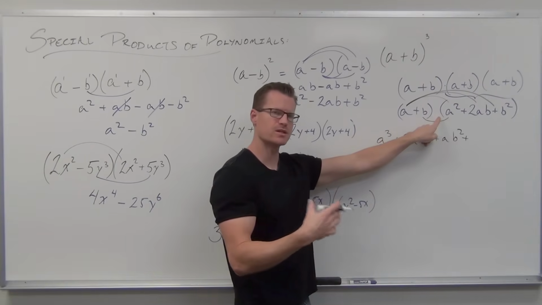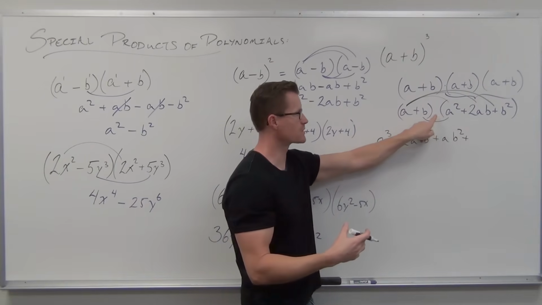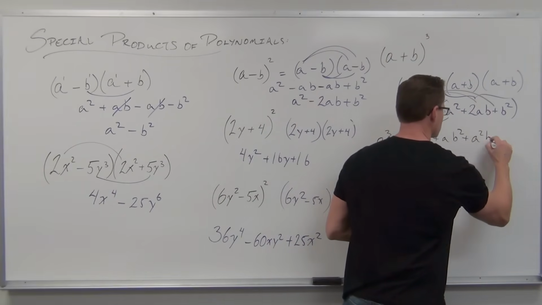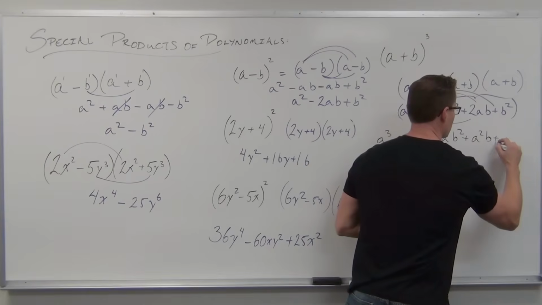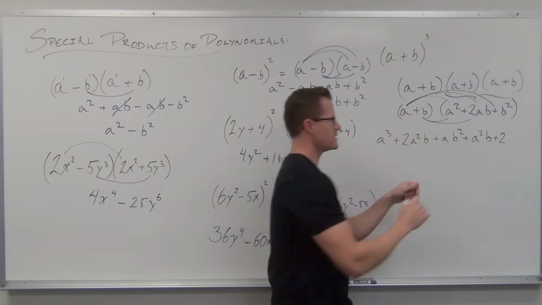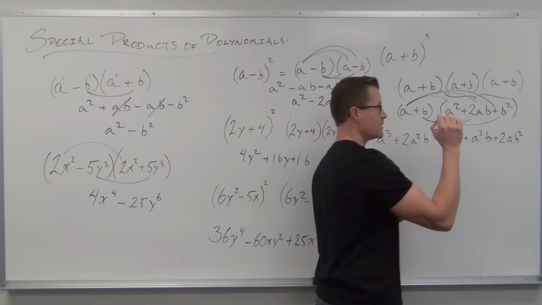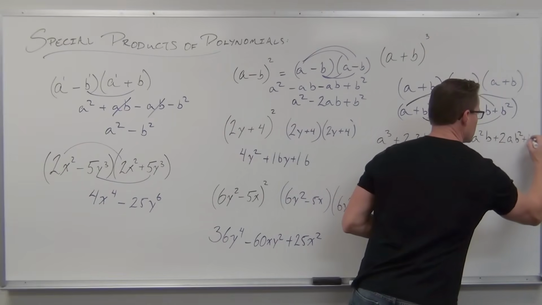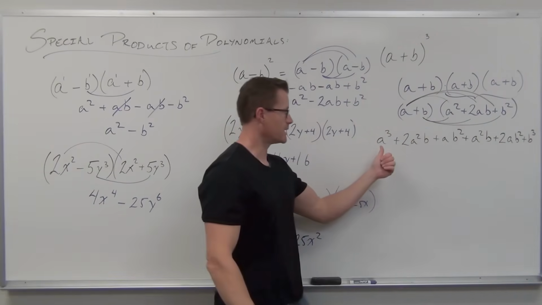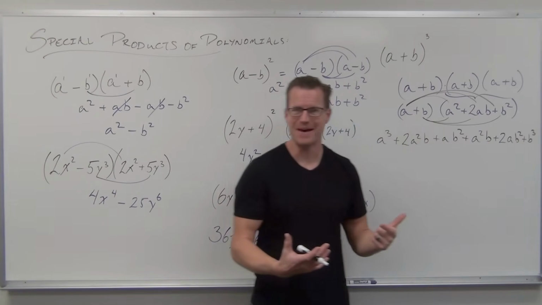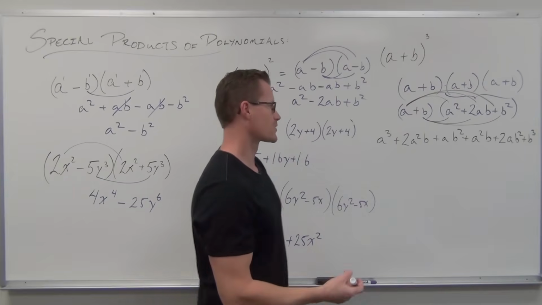So that allows me to see like terms a little bit easier. So instead of BA squared, I'm going to write A squared B. Plus 2AB squared, and then a B to the third. So we do actually get an A cubed and a B cubed, but look at all the stuff we'd be missing if we just did that. I mean, that's silly. Now we'll look for some like terms.